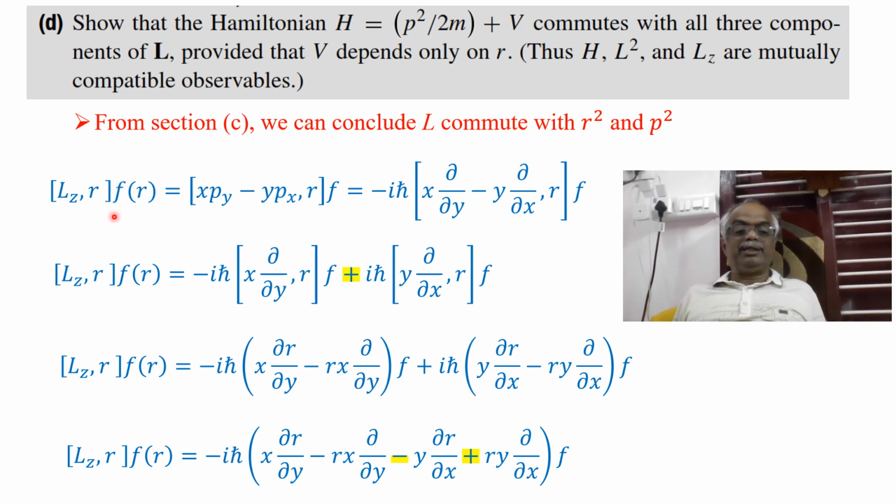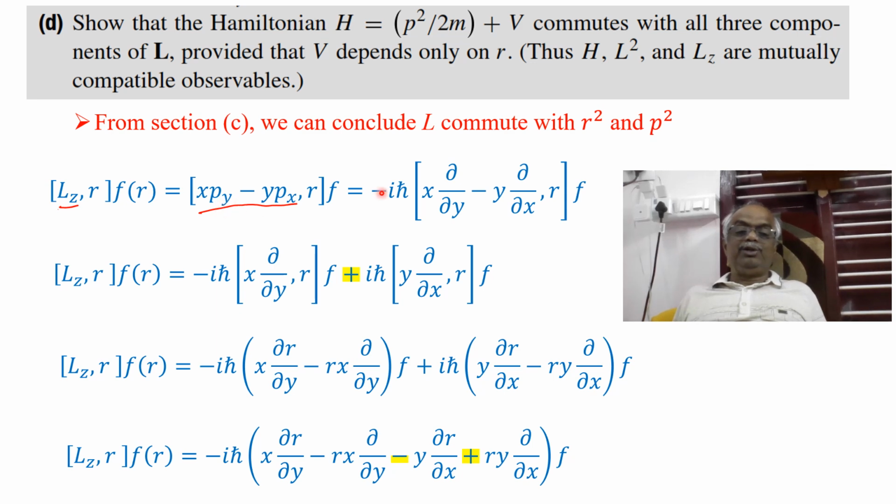I have taken some arbitrary function f, which is a function of R. Then, by definition, Lz can be written in the usual way, xpy minus ypx. So now you replace py and px in terms of their operators.